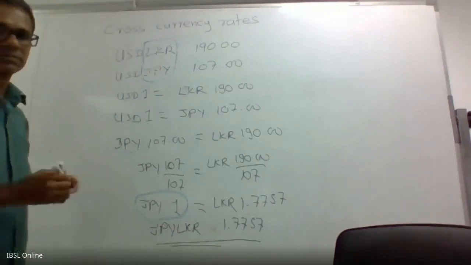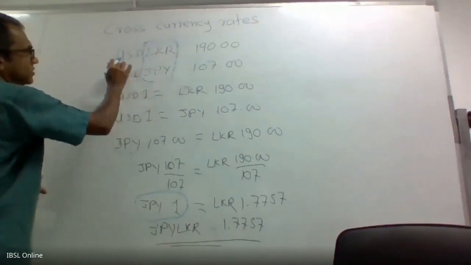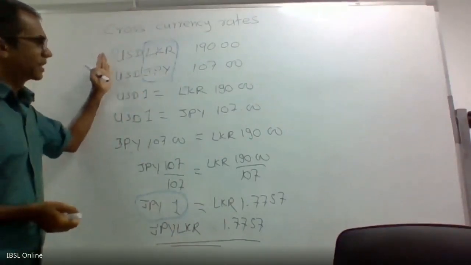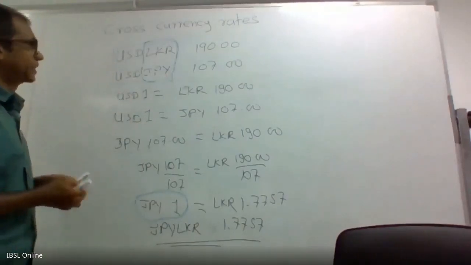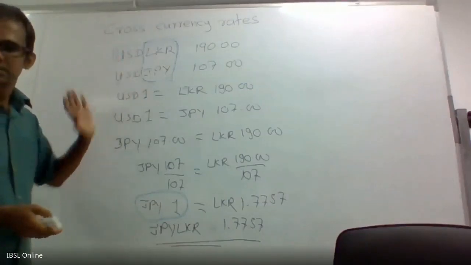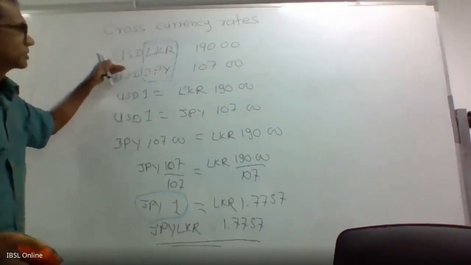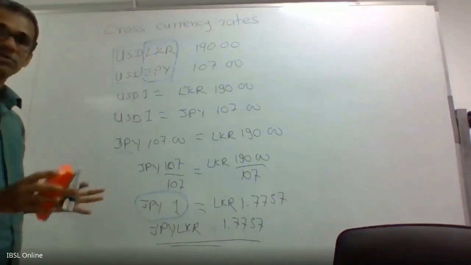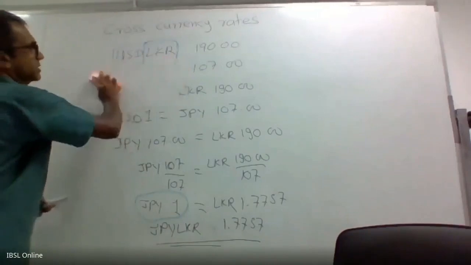And note that both these pairs, dollar LKR and USD JPY, are they direct quotes or indirect quotes? Both are direct quotes because dollar is the base currency in both quotes. Now we'll consider when both are indirect quotes, how to calculate the exchange.